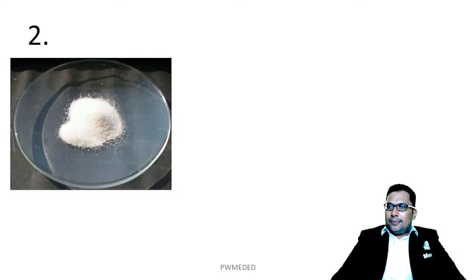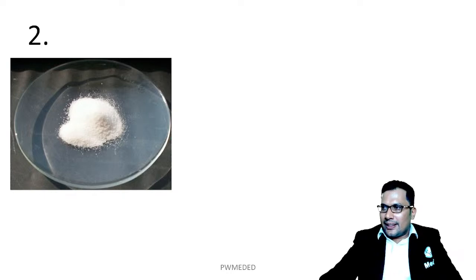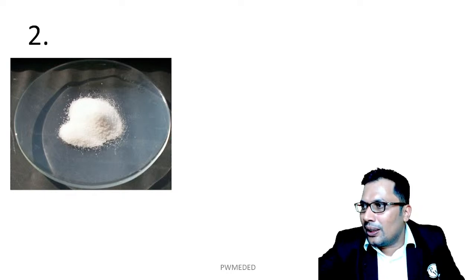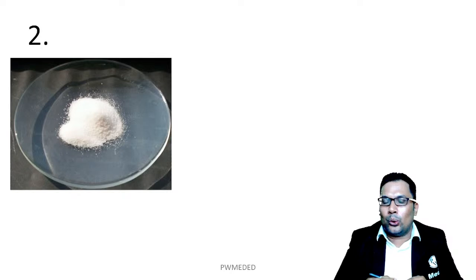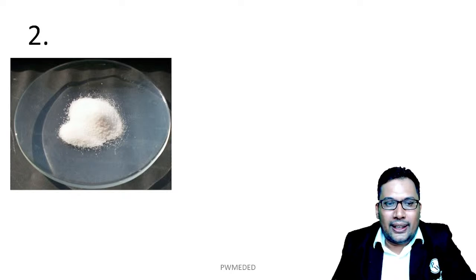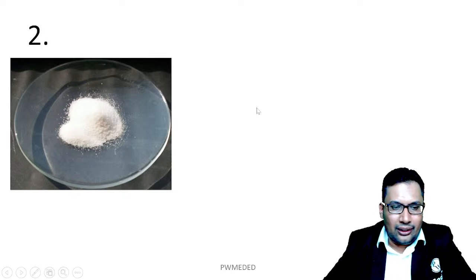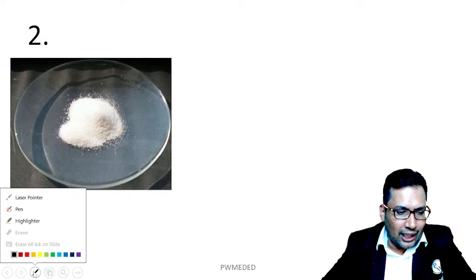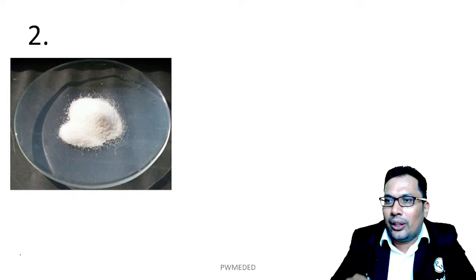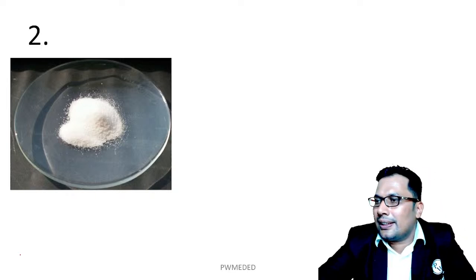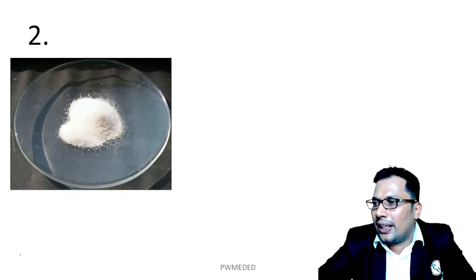Come on. Next, look at this. What is this compound? All of you identify. It is a white color compound, you can see here. Anyone can identify? All of you interact with me. Beta, it's a very important topic, so you have to interact with me. So this is actually known as arsenic trioxide.